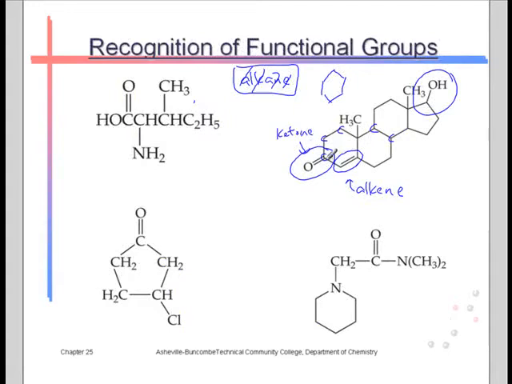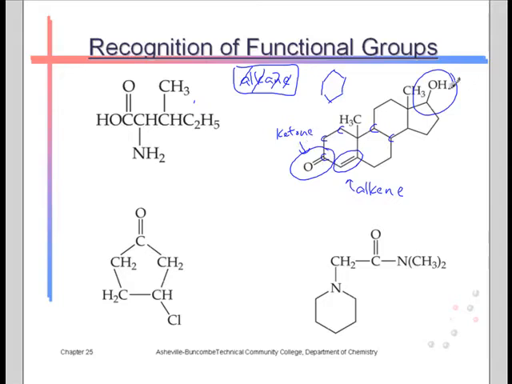So just appreciate the fact that, at least in terms of naming the functional group, it doesn't really matter how complicated the hydrocarbon portion of the molecule is. You focus in on that one particular region and look locally, i.e. what's attached directly to that portion of the molecule determines what the name of the functional group is.